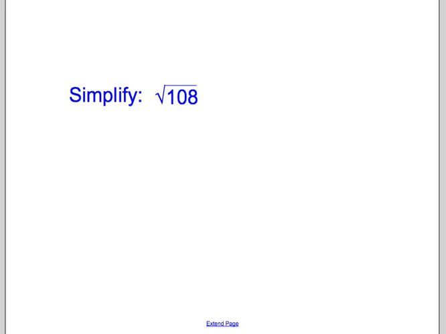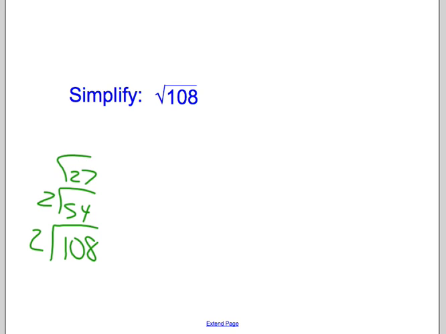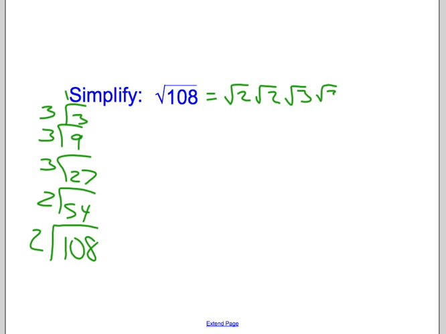108. Do the product of primes. 108, 2, 54, 2, 27, 3, 9, 3, 3, 3, 1. Okay, so I have a pair of 2's. So I have square root of 2, square root of 2, square root of 3, square root of 3, square root of 3. So now I'm going to look at my pair of 2's.